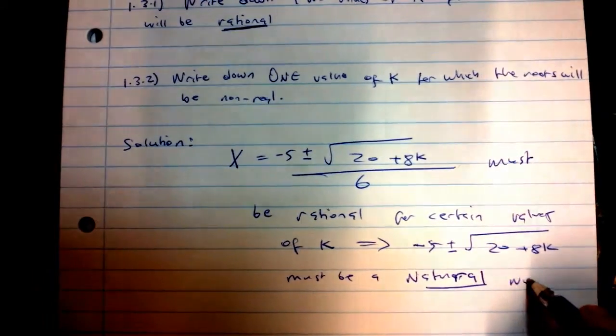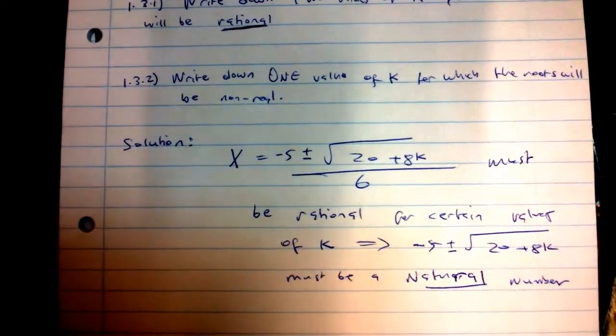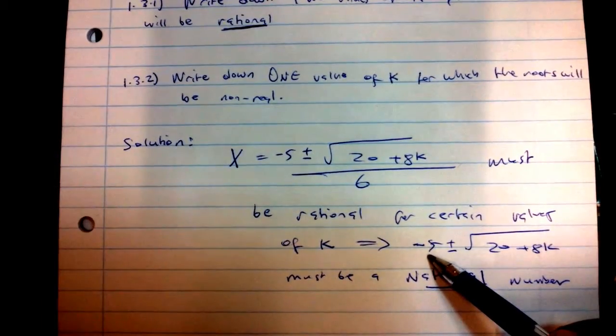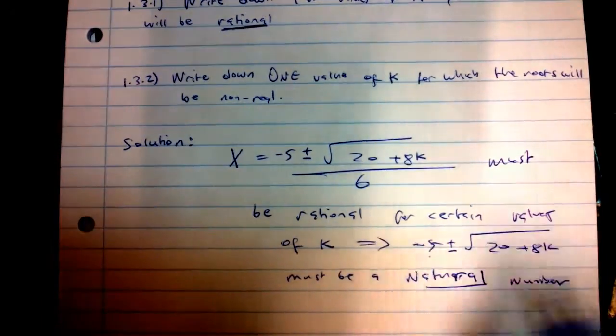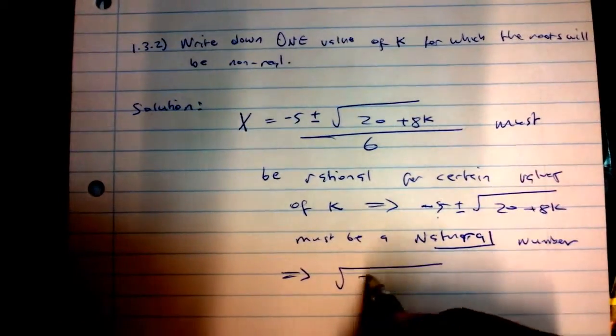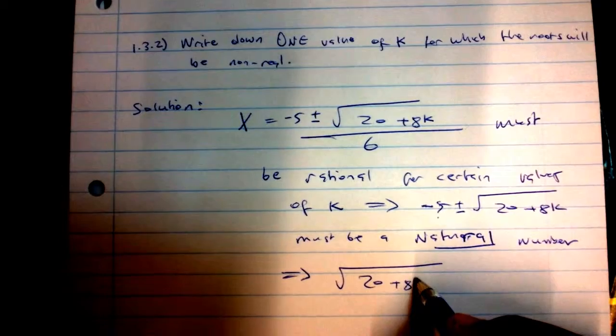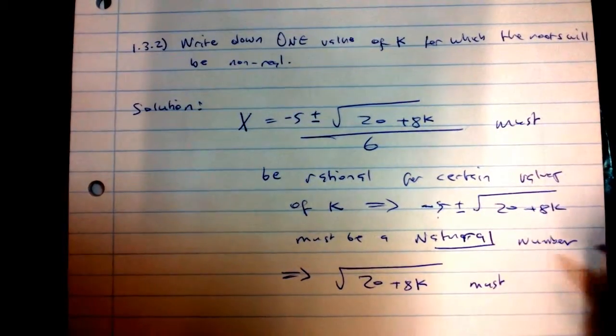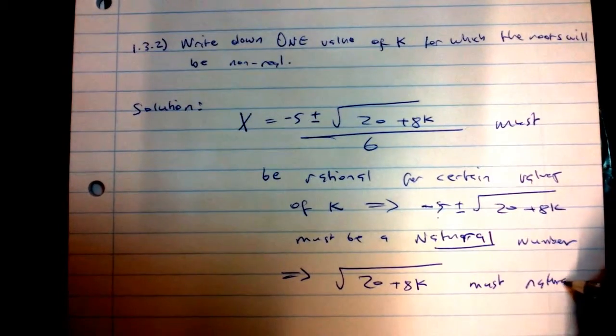Natural number. And since -5 is a natural number, this implies that root of 20 plus 8k must be natural also.